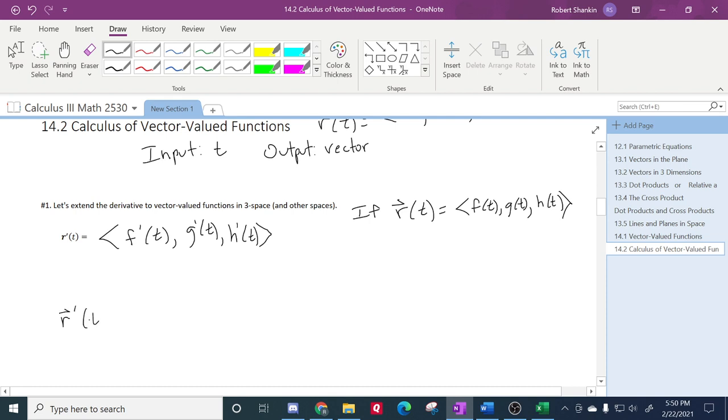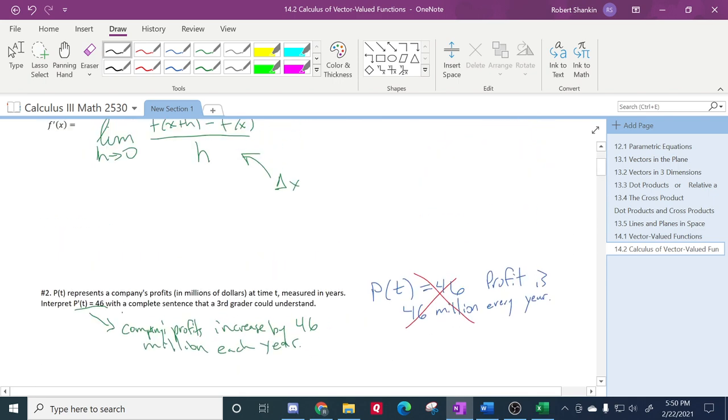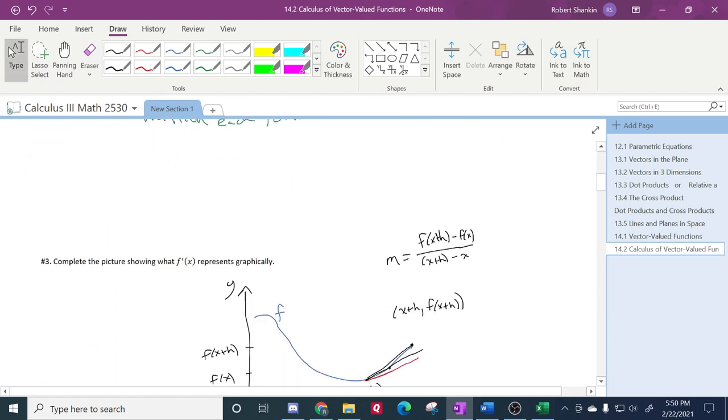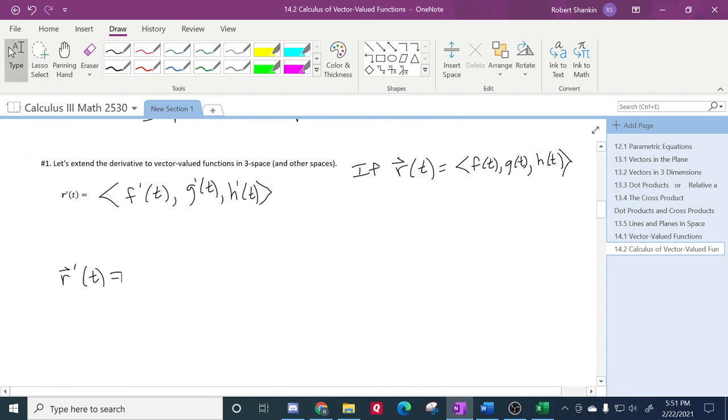I was thinking maybe we had that same formula as we had for 2 space, but we altered it to fit a vector. Okay, so how would I do that? I'd start it with limit. Mm-hmm. And so then instead of f of x plus h, we'd have that vector, and then we could have 2 times t plus h, the cosine of t plus h. Okay, so we could have h approaches 0 still.